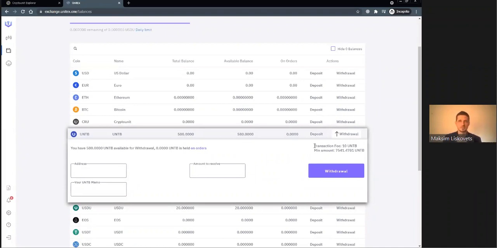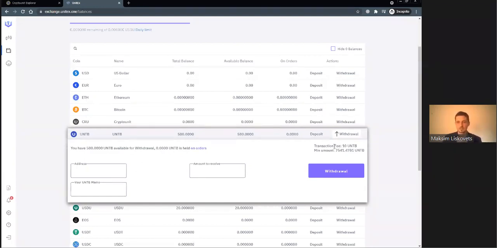Let me rephrase it. You may withdraw from UnitEx exchange not less than $50 US. And in a similar way, if you look at UNTB, then the minimum number of UNTBs to be withdrawn is 7,541.